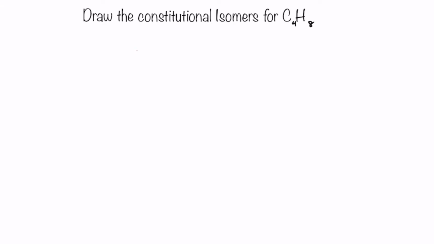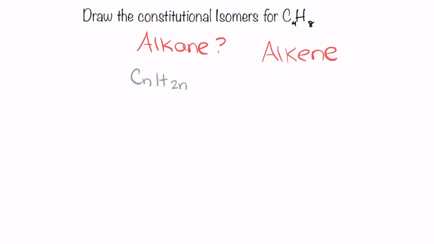So let's first establish whether or not this is going to be an alkane or an alkene. So if we draw out the molecular formulas for those, we know that an alkane has the formula CnH2n+2, and an alkene has the formula CnH2n. So we know that n is going to be the amount of carbons we have. We have here 4 carbons.